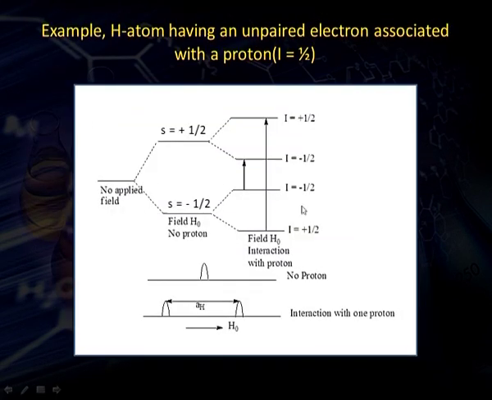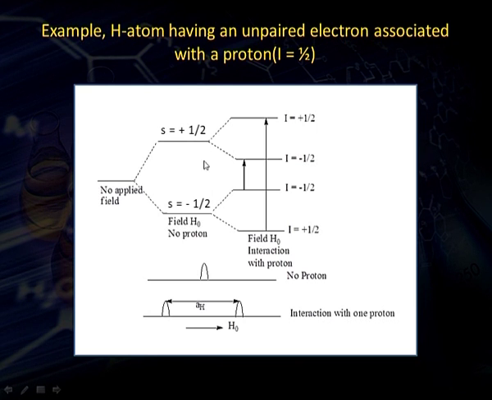So, looking at this figure, here we can see there is no applied field, so there is no splitting. But when a field H naught is applied to the system, it splits into two levels, one having the minus half spin and the other having the plus half spin. In this case, there is no proton, and the splitting is only due to the unpaired electron.